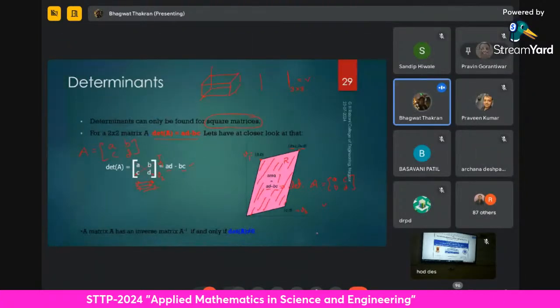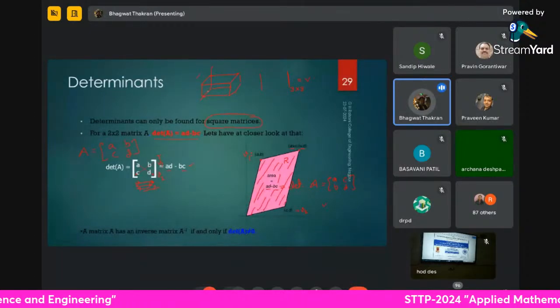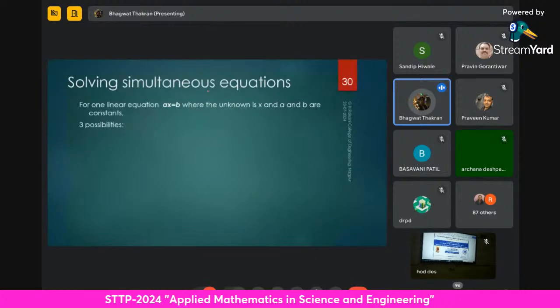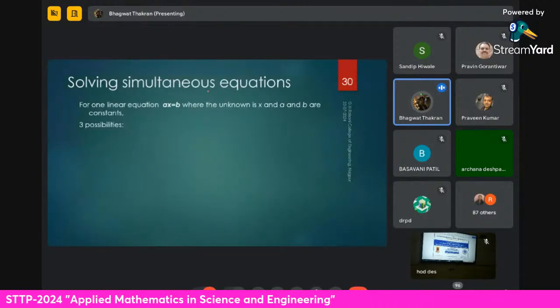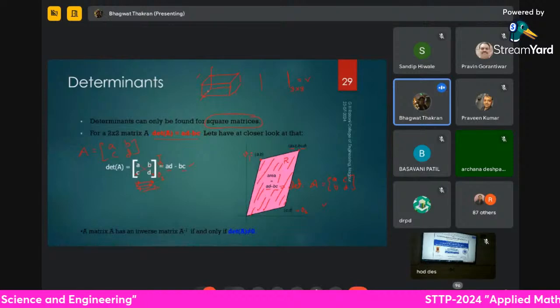Now, what is the benefit of finding this determinant? Why are we finding this area and calculating this volume? In order to solve simultaneous equations. We require this area and this volume. That's why we require determinants.